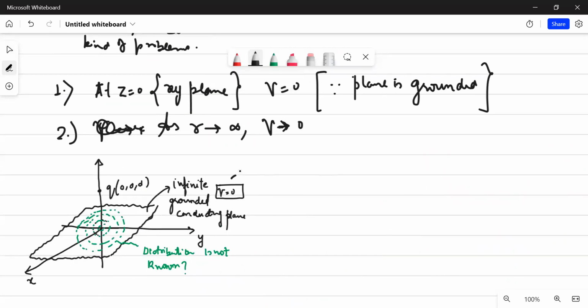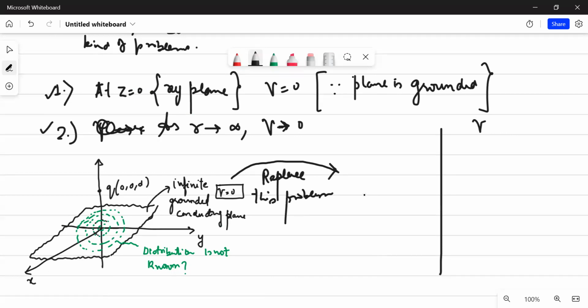So we'll forget this problem and replace it by an equivalent problem. What is that equivalent problem? Ultimately our potential function would satisfy Laplace's equation, or the Poisson equation in general, so this potential must satisfy two conditions. First, at the z equal to 0 plane, your potential should be 0.